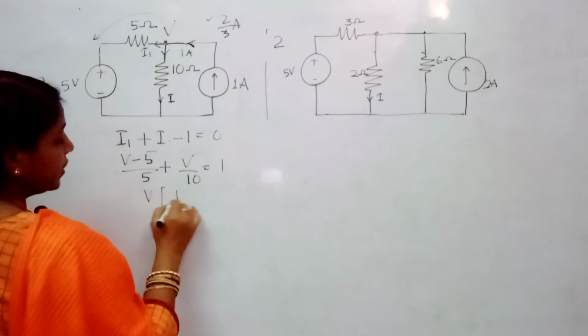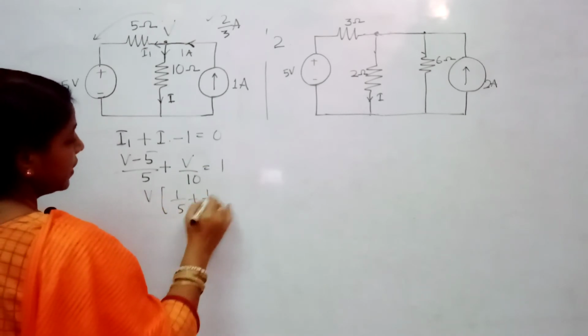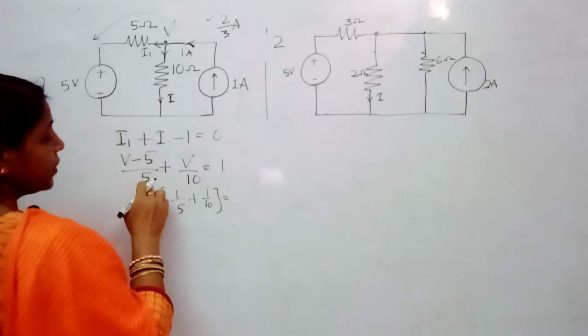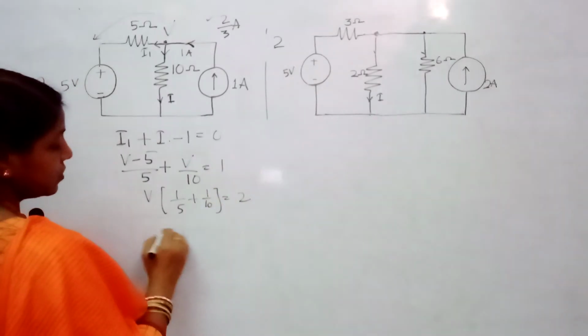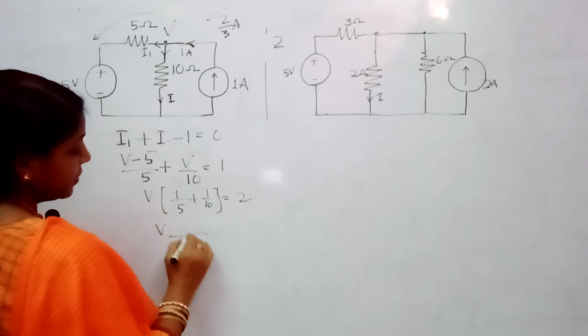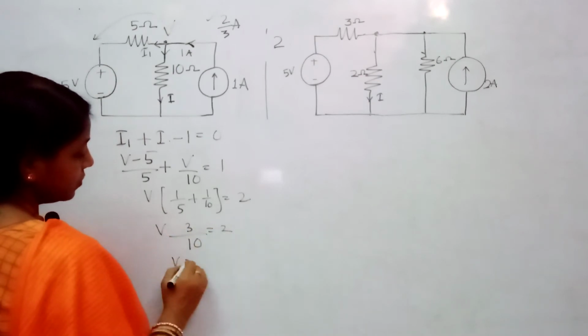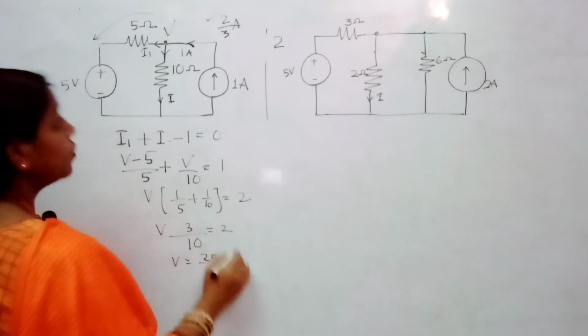Take V common: (1 by 5 plus 1 by 10) V equals 1 plus 1, which is 2. Taking LCM as 10, 3 by 10 times V equals 2, so V equals 20 by 3 volt.